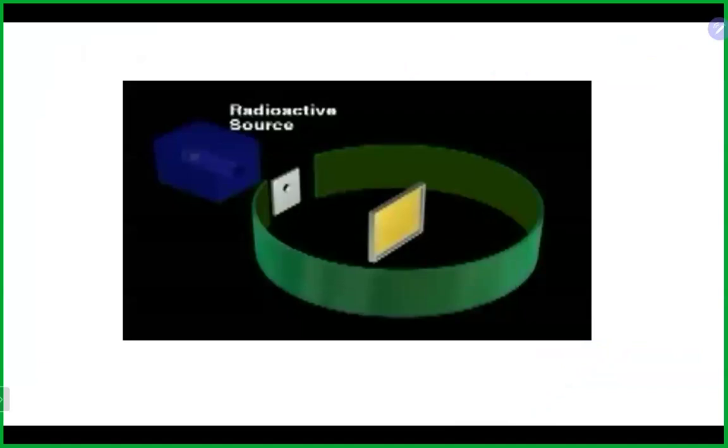Rutherford and his co-workers were studying the angles at which alpha particles were scattered as they passed through a thin gold foil. Most of the alpha particles passed through undeflected. However, a few were found to be scattered at large angles, some even back in the direction from which they had come.